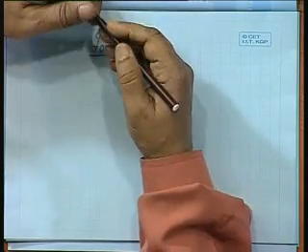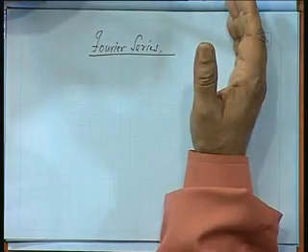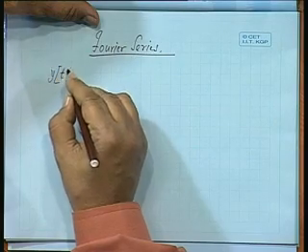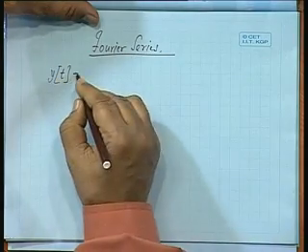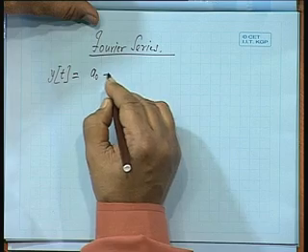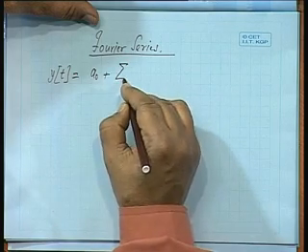Good afternoon, friends. We discussed Fourier series last time. A Fourier series is a representation of a periodic function in terms of cosine and sine functions of different frequencies. The frequencies are multiples of one fundamental frequency.